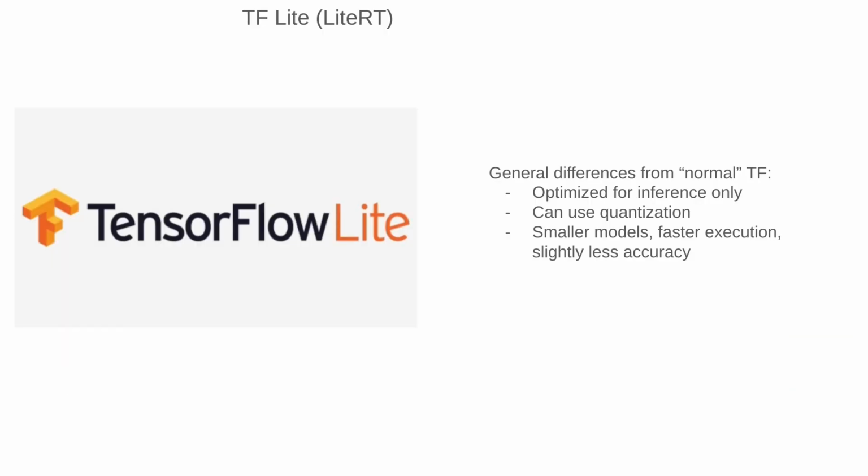Okay, but maybe we can do something even more. Yes, we can convert this network to a special format. Previously it was called TensorFlow Lite, right now it's LiteRT. This format is designed only for inference, only for execution.